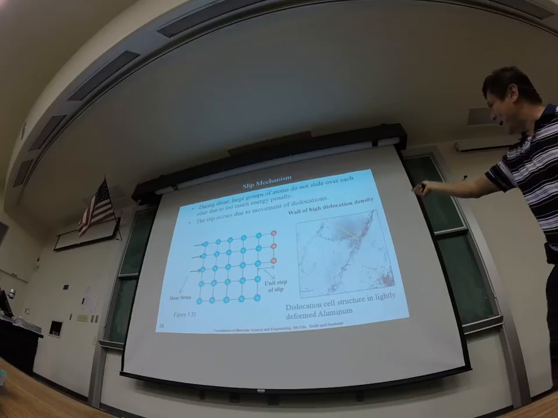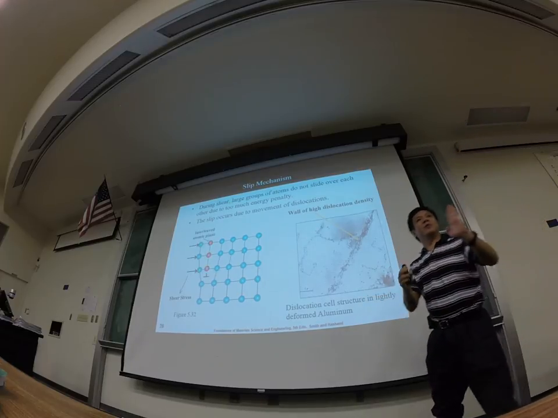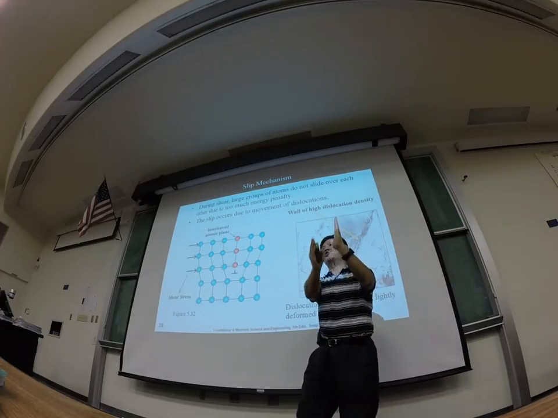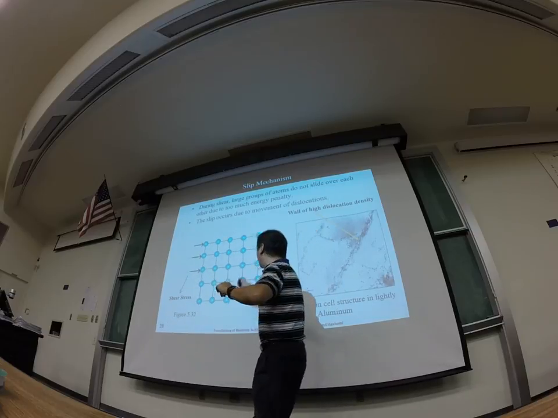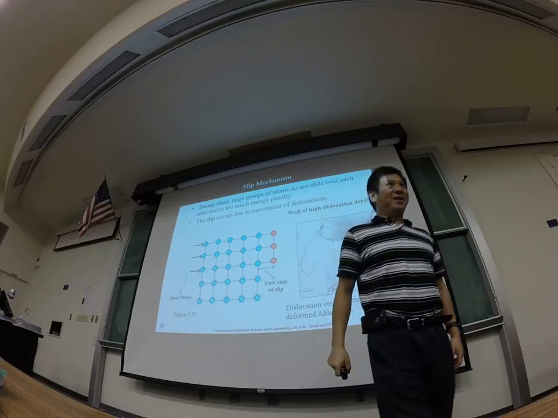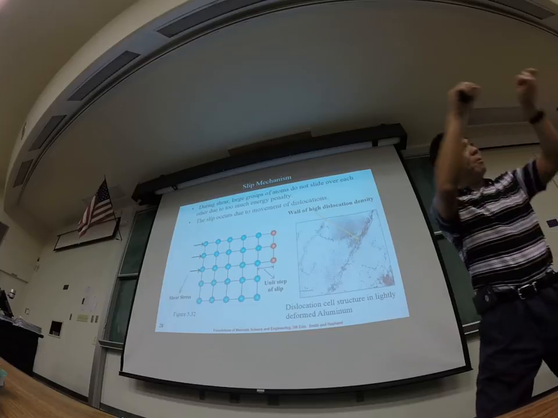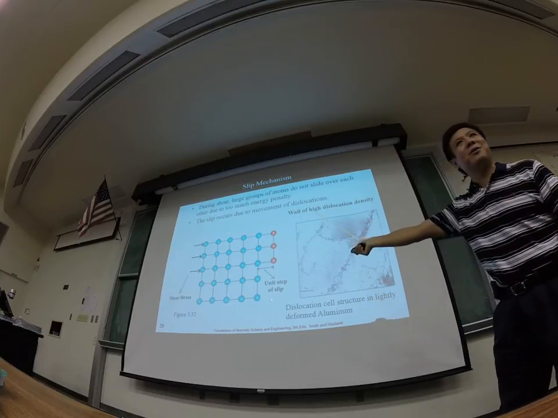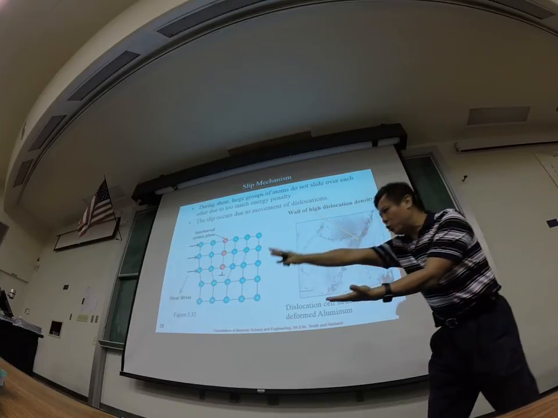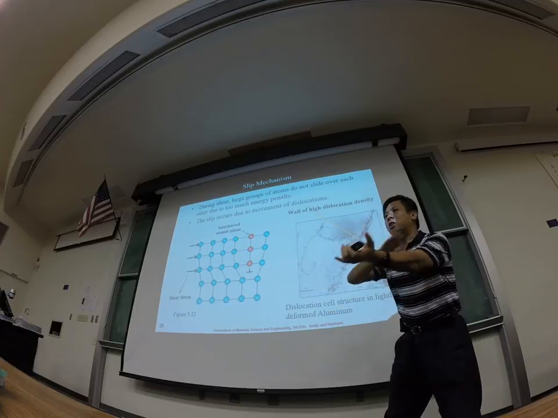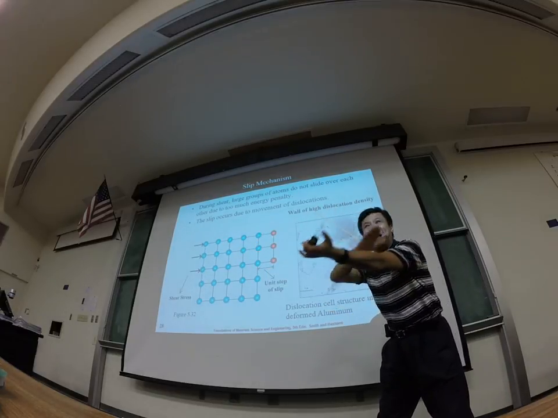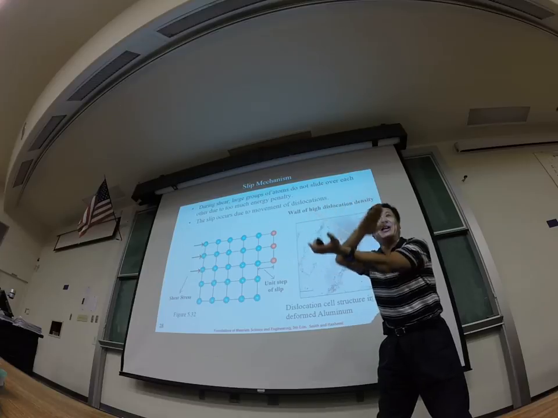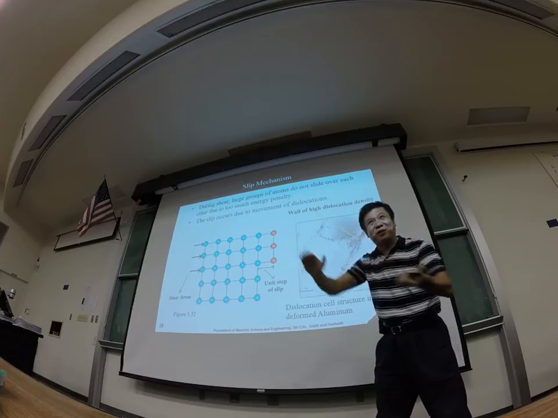The slip band formation is because of the consecutive movement of the defects. Those defects are moving from one plane to the other. In this case, you don't need to shear all the atoms in the neighboring planes. Otherwise, too much energy is needed to cause this kind of slipping.